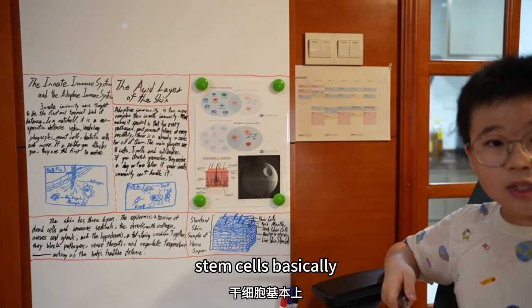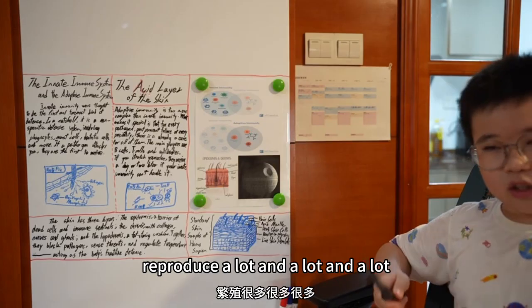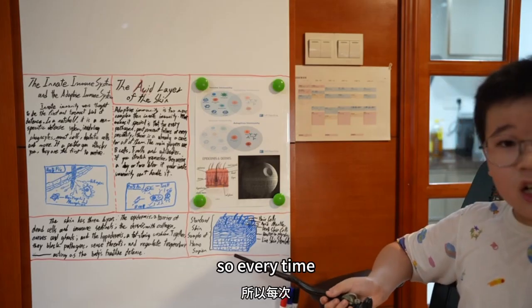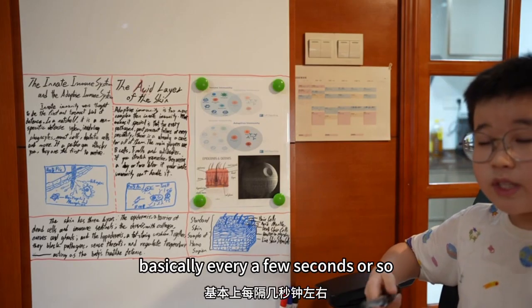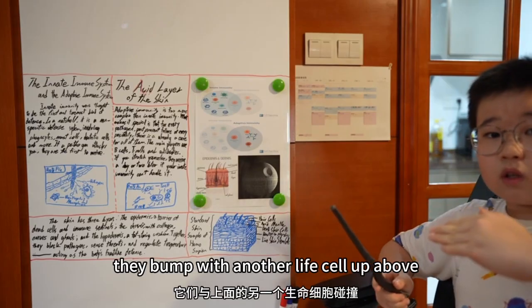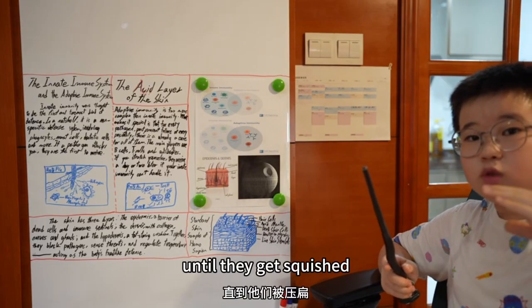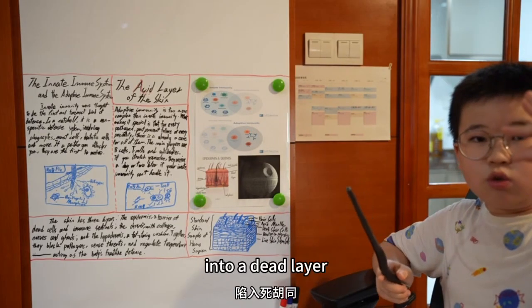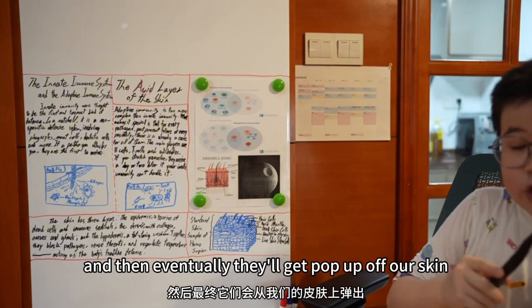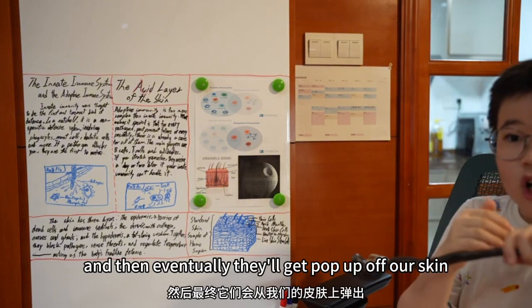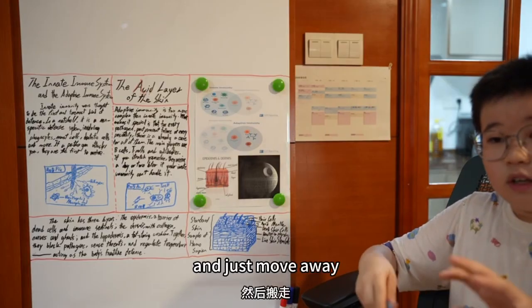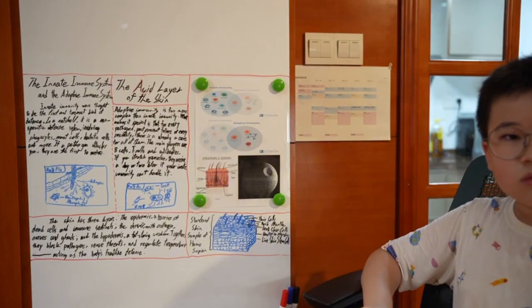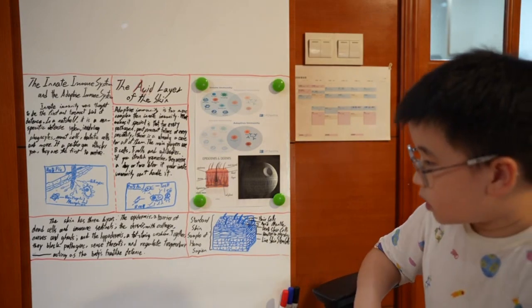Stem cells basically reproduce a lot and a lot and a lot. So every few seconds or so, they push another live cell up above until they get squished into a dead layer. And then eventually they pop off our skin and just move away. So it won't get denser.